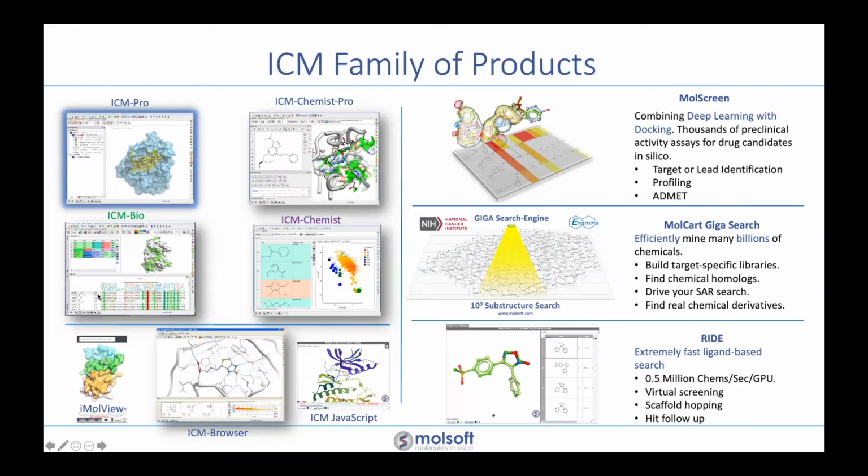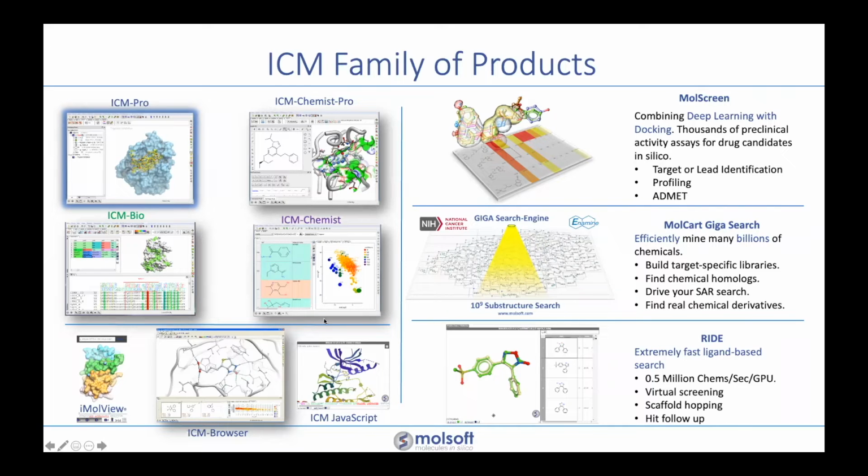We have ICM Bio, which is a full bioinformatics tools panel, including sequence alignments and linking sequence alignments to structure, which is useful for mapping differences in families, if you're looking for specificity, for example.